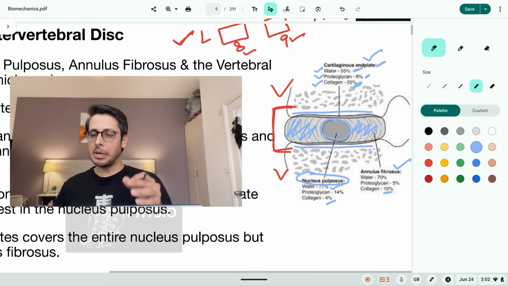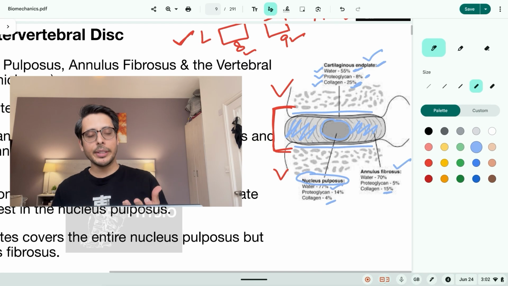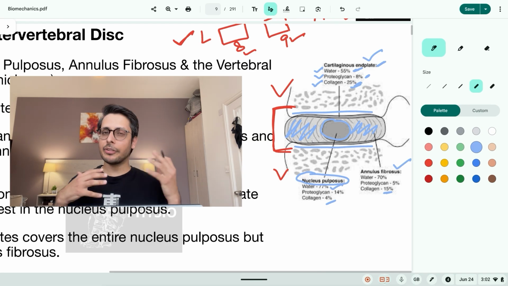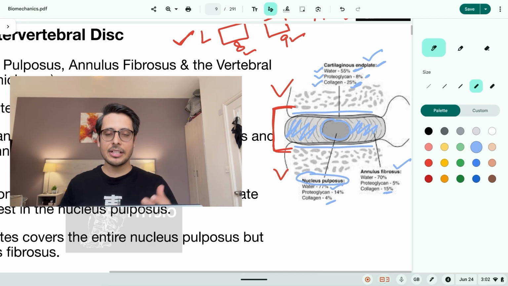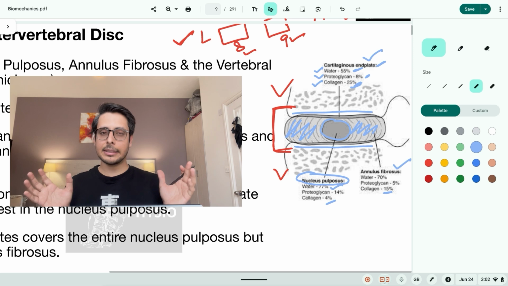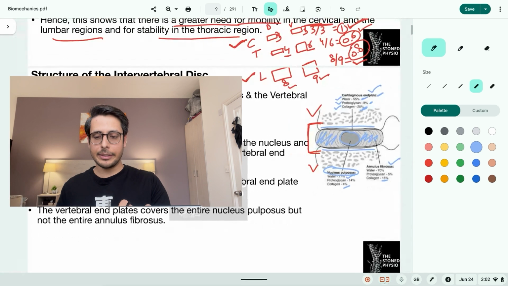Okay, I don't think anyone is going to ask you the exact numbers, but you should know what structures are available in the intervertebral disc: the collagen, the proteoglycans, and the water, and get an idea of which is more in which structure. That should be more than enough, I believe.